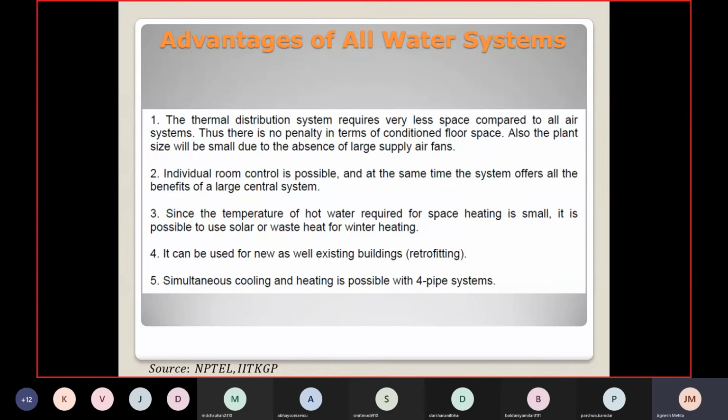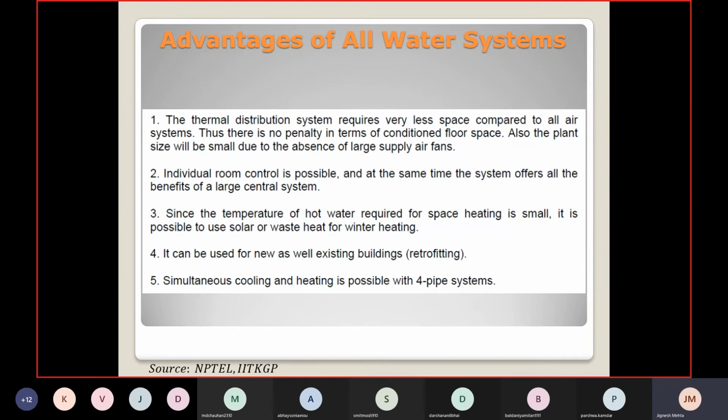At the same time, the system offers all the benefits of a large central system. You're changing the amount of water supplied, and this offers the benefits of large central systems: lower capital cost and generally lower running costs.